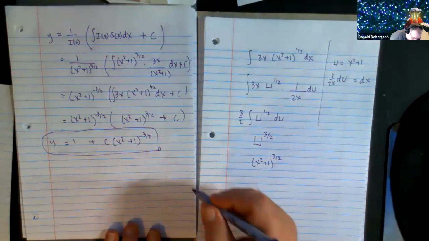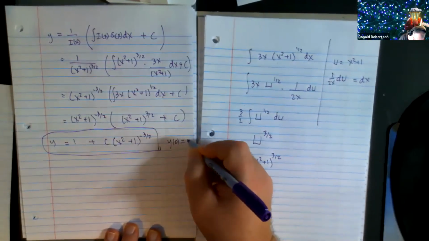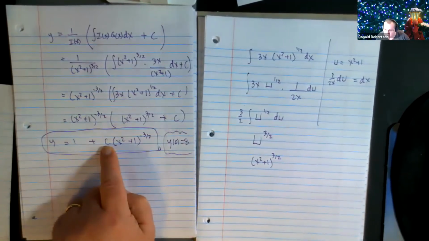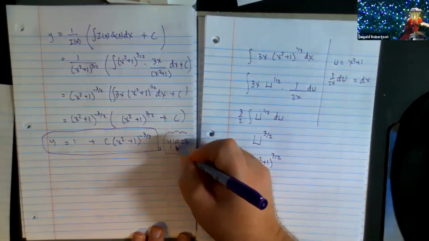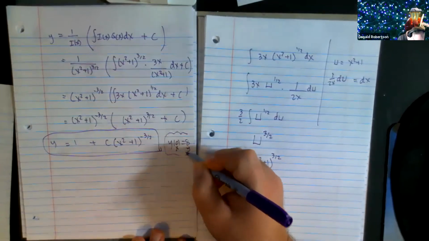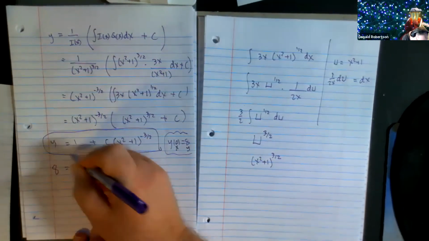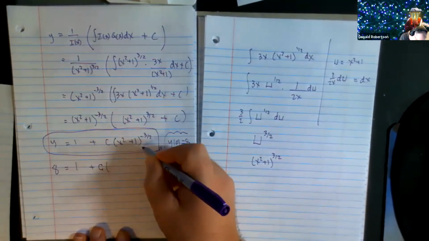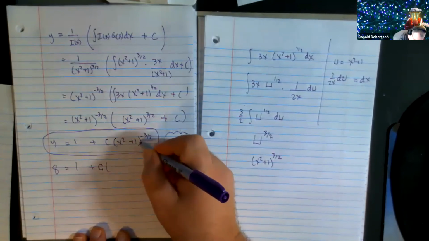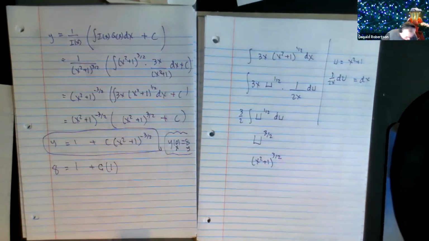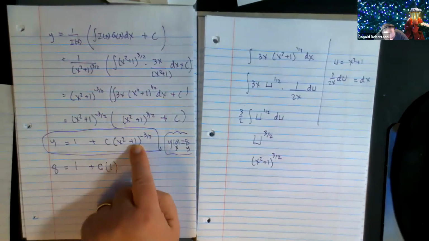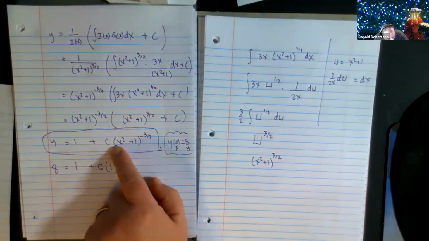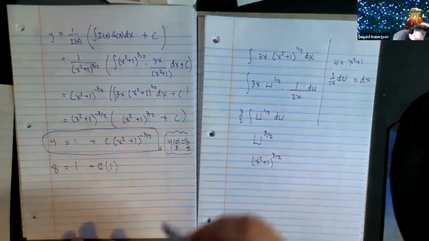Right. Now, we had y of 0 equals 8. And isn't that guy's job to give you c? So that's telling me that when x is 0, y is 8. So 8 goes here. 1 plus c times nothing squared plus 1 is 1. And 1 to that power is just 1. Right, 0 plus 1 is 1. 1 to a power, doesn't matter if it's negative or not. 1 to the power of anything is essentially 1 as long as the power is not 0.